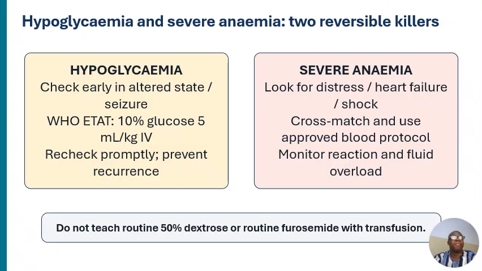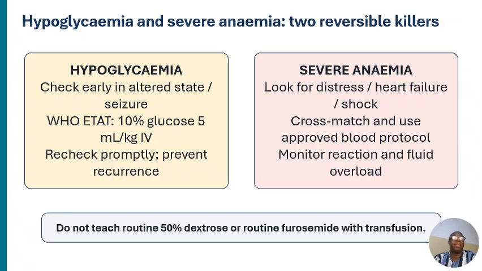For severe anemia, look for marked pallor and tachycardia, gallop rhythm, hepatomegaly, respiratory distress, shock, and altered consciousness. Send a full blood count and blood film. Group and cross-match blood.